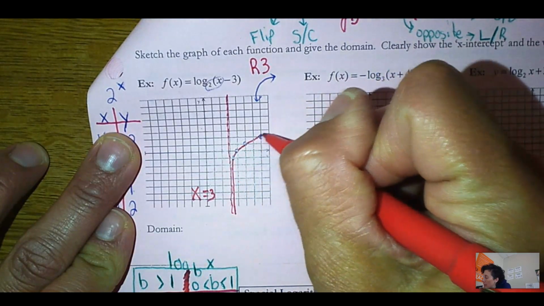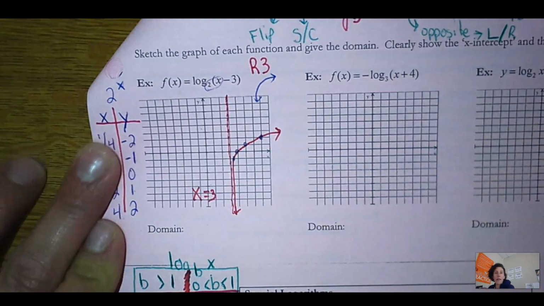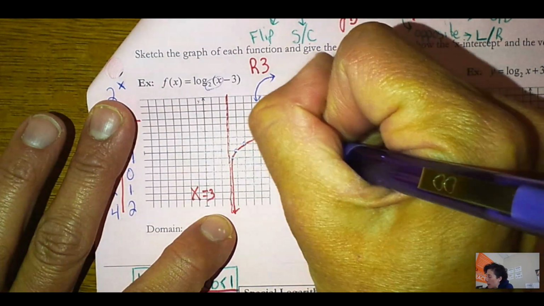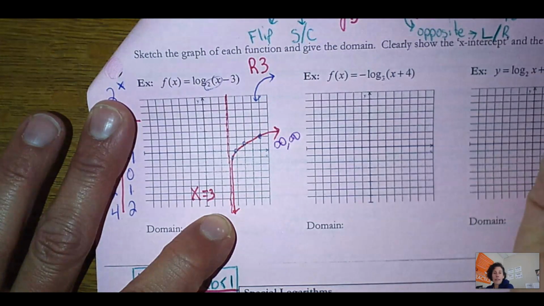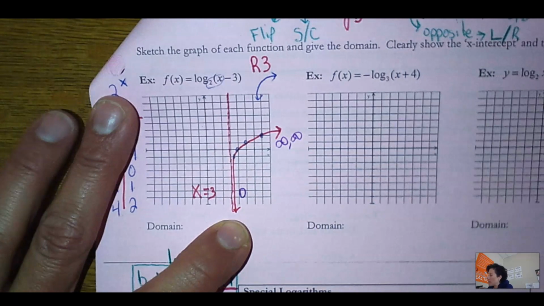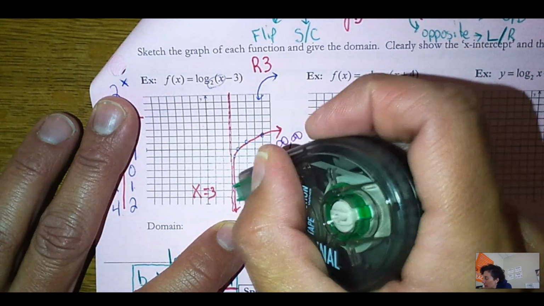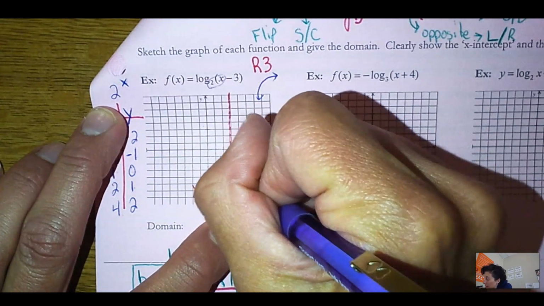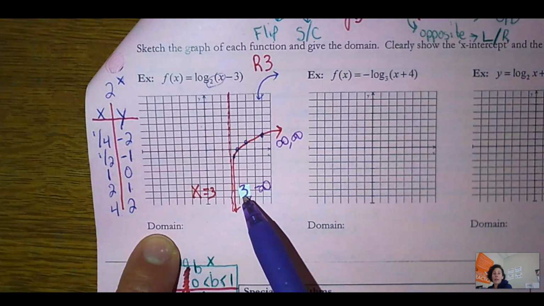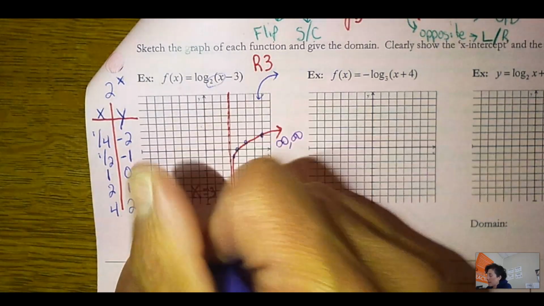So it's still growing. It kind of looks like the lowercase r in the word growth. So let's do our arrows so we can fill this out. It's going right and it's going up. Nothing's stopping it. It gets stopped going left. Whoops, not at 0 though. I'm not paying attention. At 3. But it can still keep going down. So now when I do my domain, it goes from 3 to infinity.